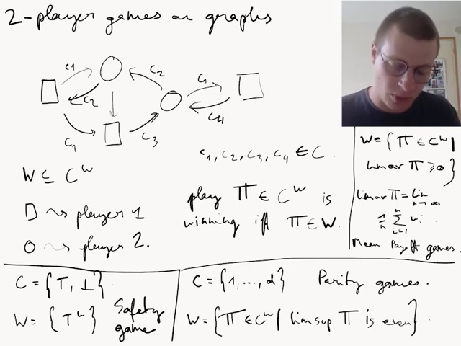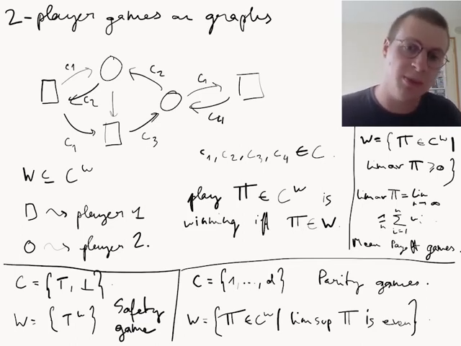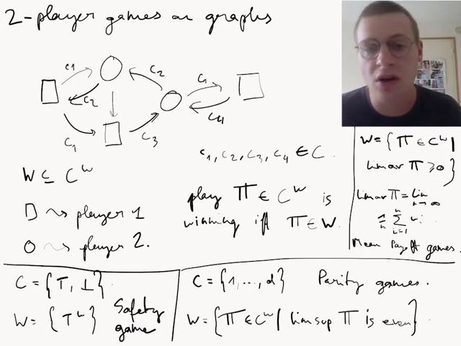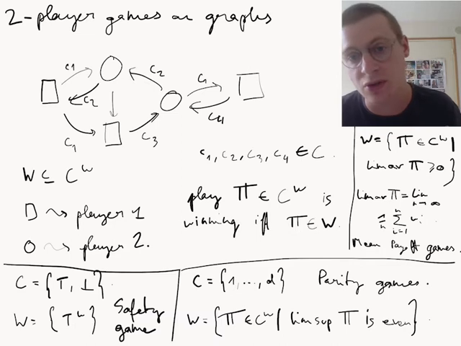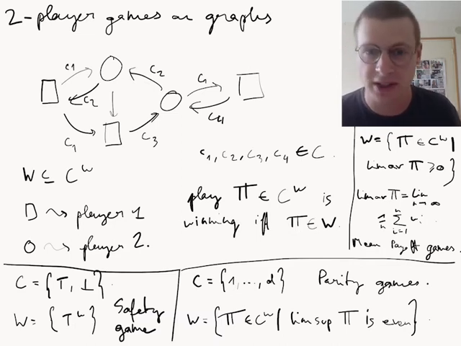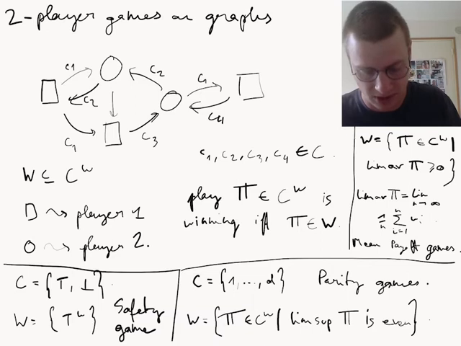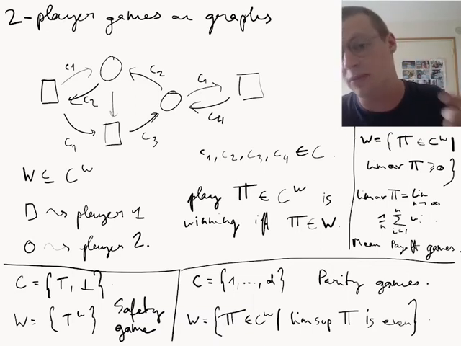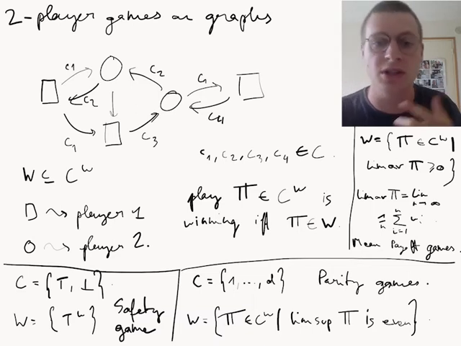When an objective is positionally determined, a strategy is basically just specifying a successor for each vertex. So this is a polynomial object, and it serves as a certificate of winning. This means that the game is in NP. And since it is also determined for the other player, the game is in co-NP.